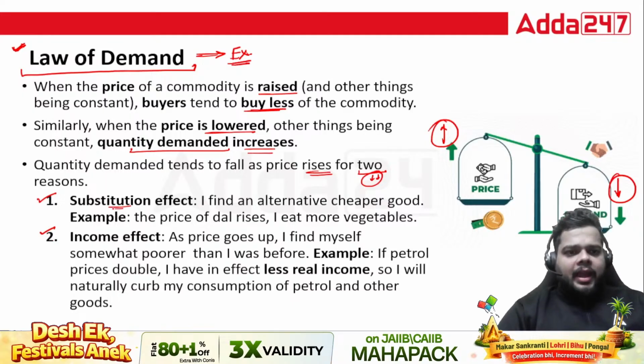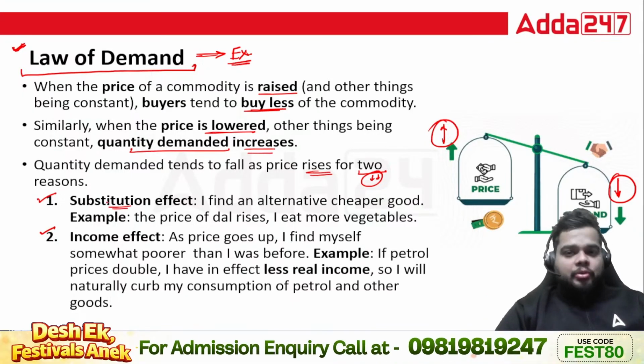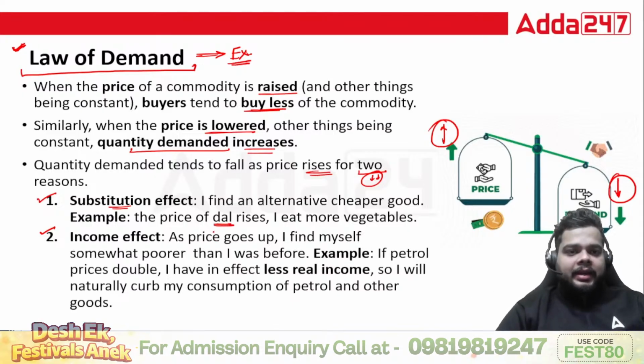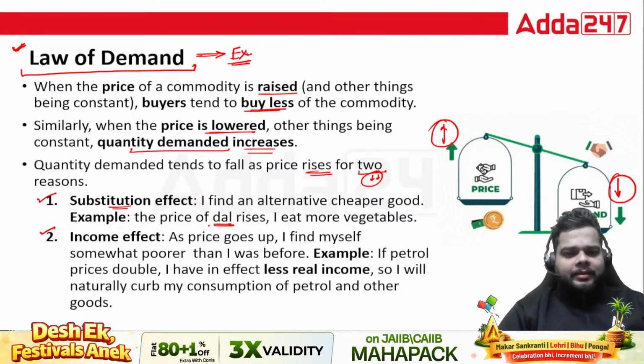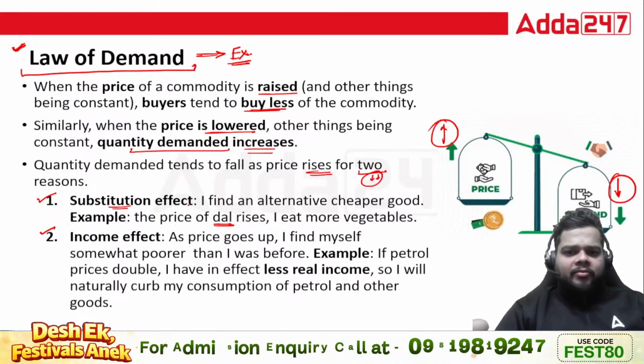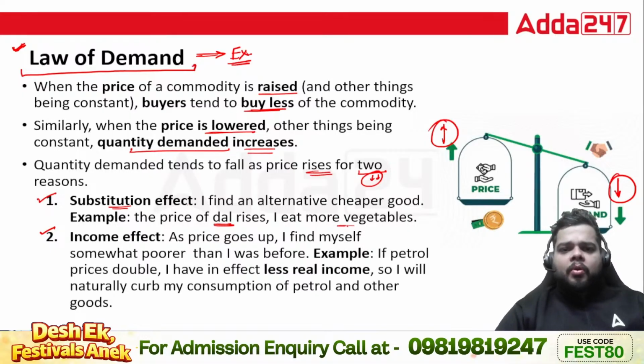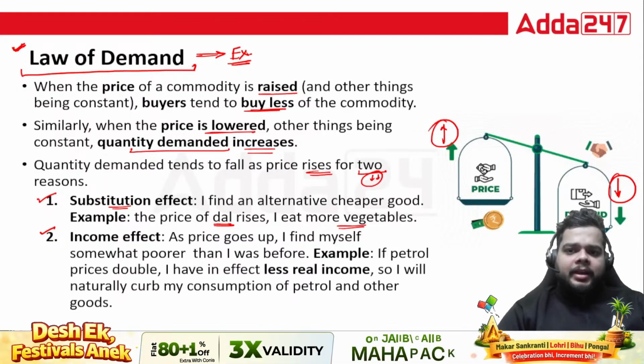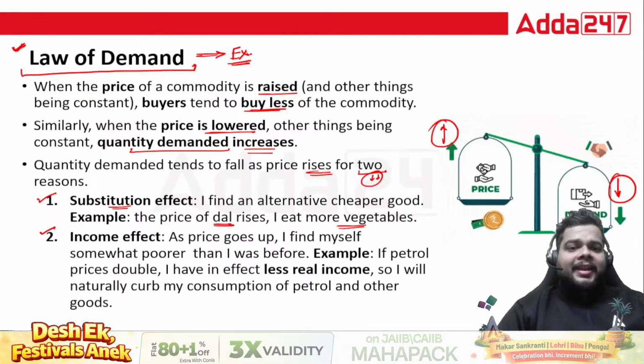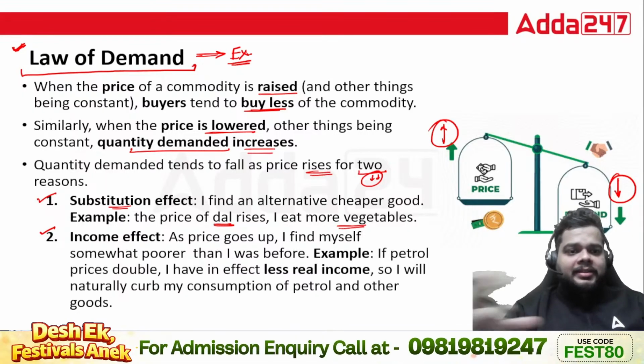Now, whenever I have some alternative to my usage, let's suppose I eat dal, the lentils, pulses, on a daily basis. But the price has risen to a level where I cannot afford dal. So what I would do, I would switch to more vegetables. I will eat more vegetables so as to compensate for the pricey or expensive dal. So my consumption pattern will shift towards vegetables.